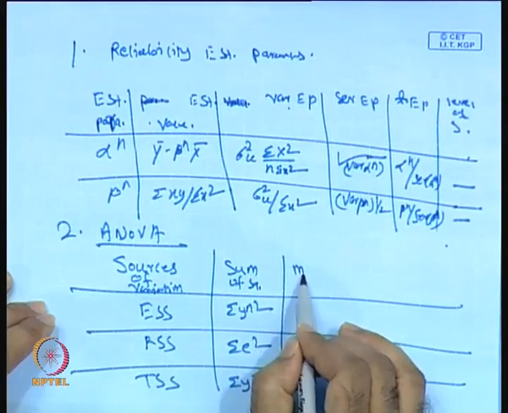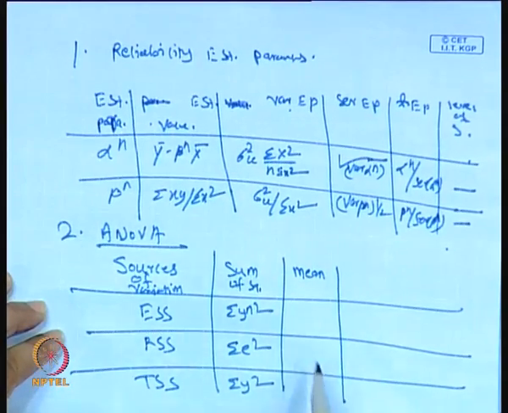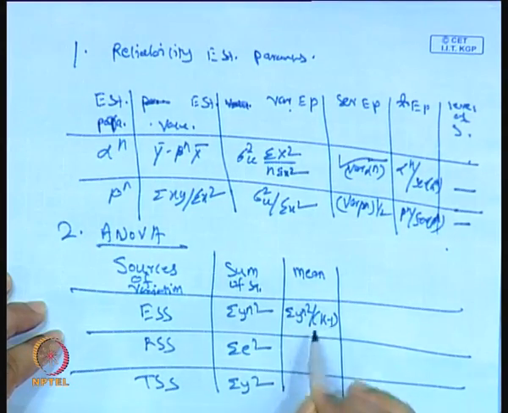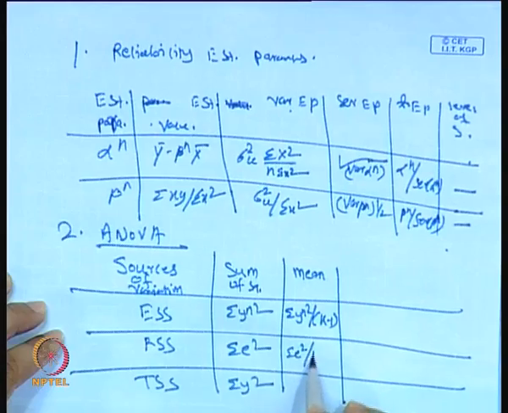The mean sum of squares are summation y hat square by k minus 1, summation e square by n minus k, and summation y square by n minus 1.